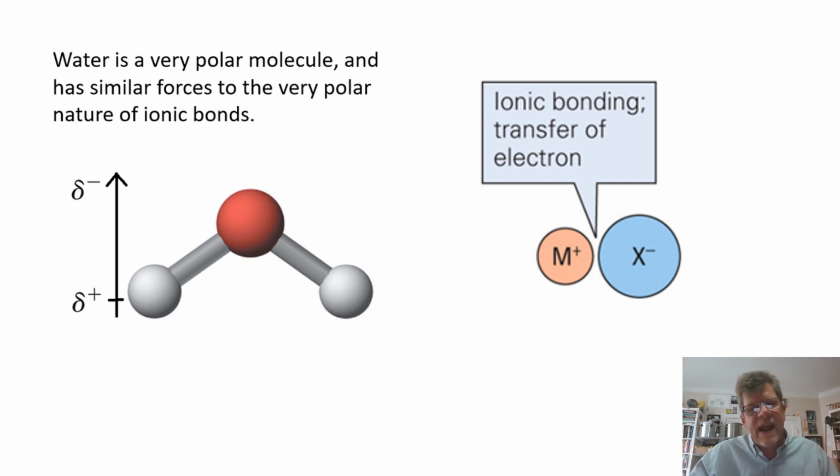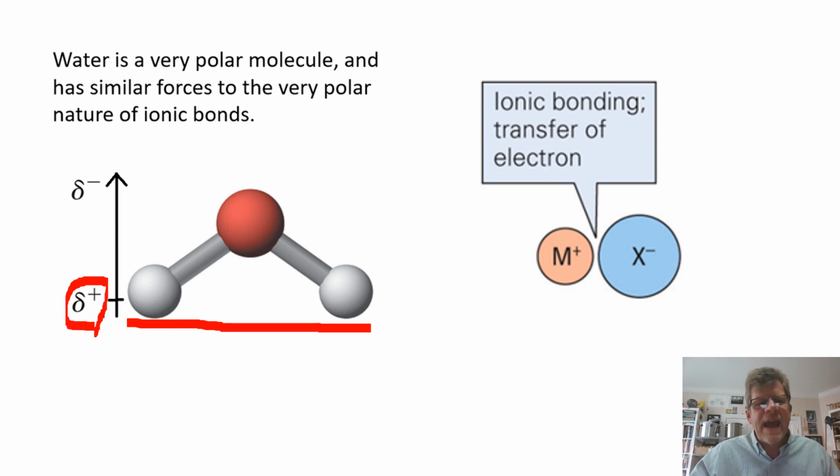Since electrons carry the negative charge, that gives this area of the molecule down here, having a deficit of electrons, a partially positive character. It's not a full positive charge, but it has partial positive character. That's what that sigma plus means.